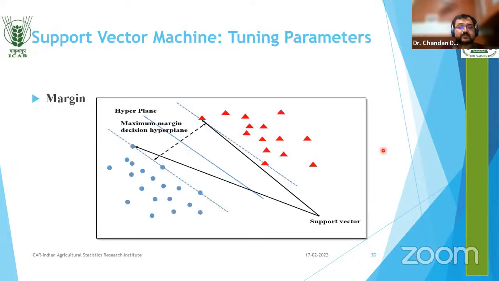So one is the margin. We can widen the margin or make it smaller for your particular data. It depends on your data, basically. How can we identify whether our margin width is correct or not?